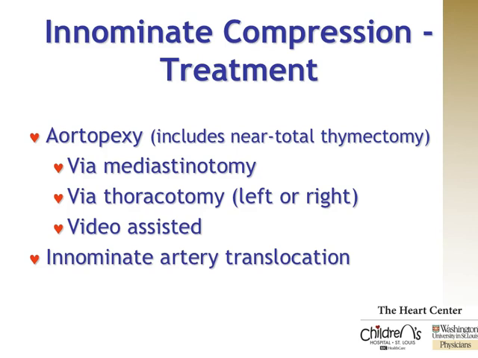And that can be done via a mediastinotomy approach. I've done these through the resected bed of the second costal cartilage anteriorly, just parasternal. People have done them through the left thoracotomy, right thoracotomy, or even video-assisted techniques. But you're typically going to remove part of the thymus and then suspend the aorta.